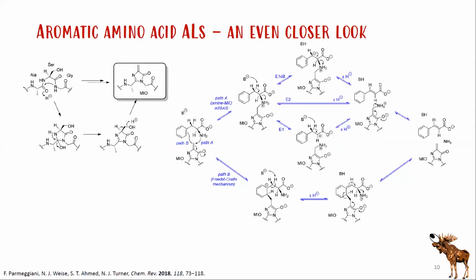There are two proposed pathways for how this happens. One of them proposes this sort of Azamycl-like pathway, whereby the amine of the phenylalanine would attack the beta carbon here. The intermediate would be this imidazole.